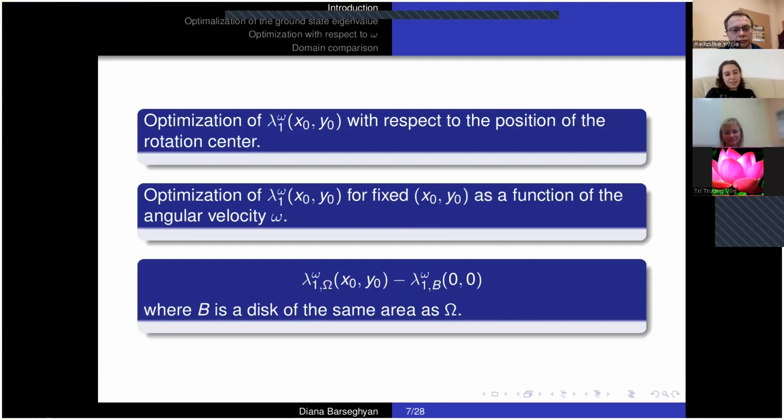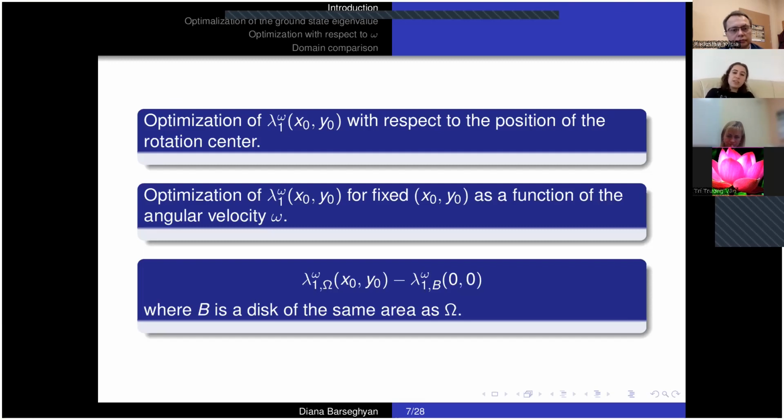Next, please. We will discuss three questions about these operators, about this first eigenvalue. The first question is the so-called optimization of λ1(Ω, x0, y0) with respect to the position of the rotation center.